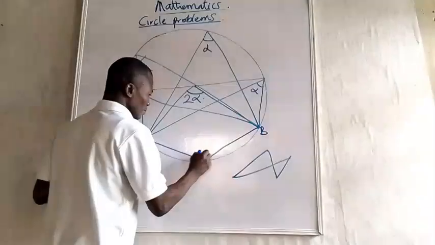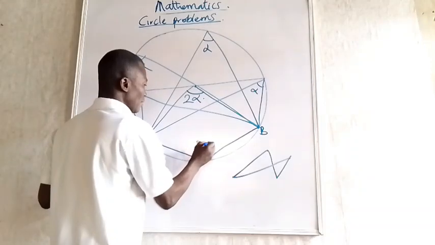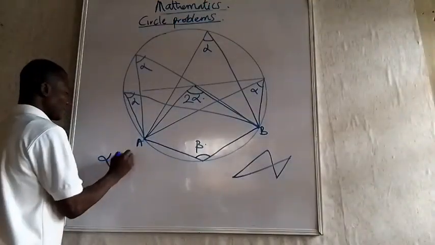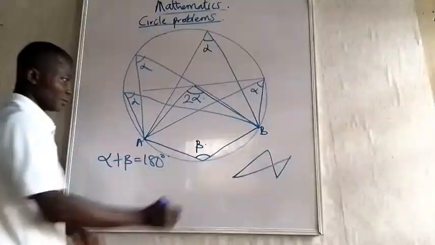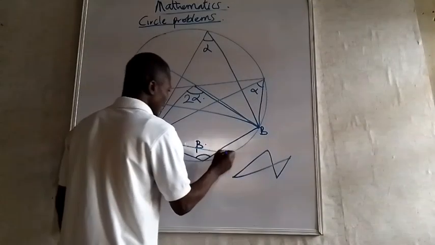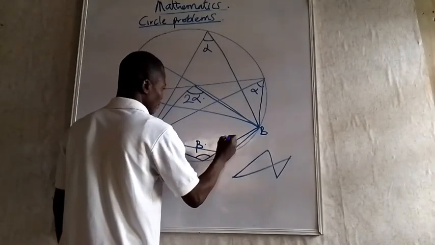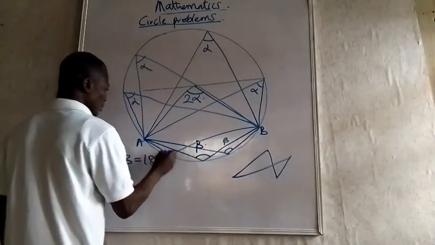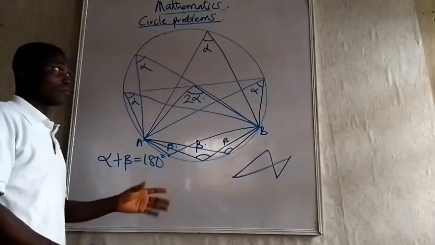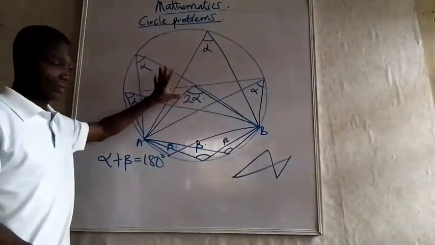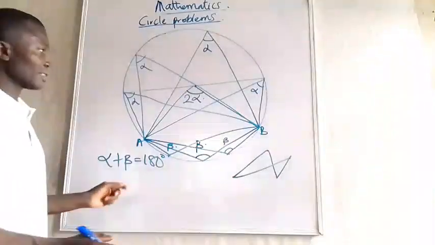This one and this one, it has been proven that, let's call this one beta, alpha plus beta are supplementary. And you also know that if this one, from this same leg down here to this place, it will be beta. From this place to this place, it will be beta. So you just have to calm down and look at it. Anytime I'm going for a circle problem, this is the first thing I check. Center, circumference. What is the relationship?